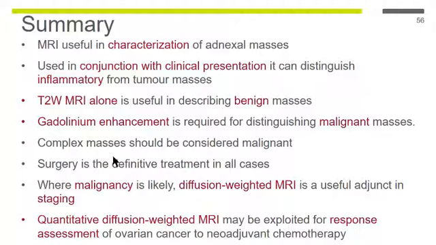Complex masses should always be considered malignant, and surgery is the definitive treatment in all cases. Where malignancy is likely and you're doing staging, diffusion-weighted MRI is a very useful adjunct, but use it in conjunction with the T2-weighted imaging, and you can use it as a quantitative technique for response assessment to neoadjuvant chemotherapy.